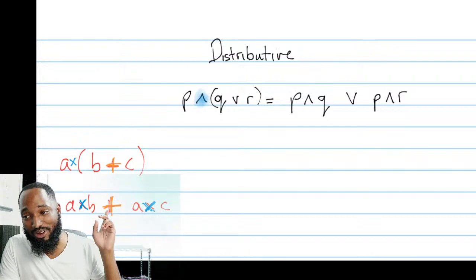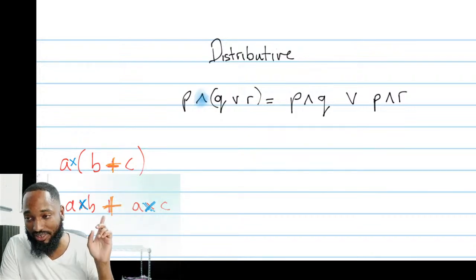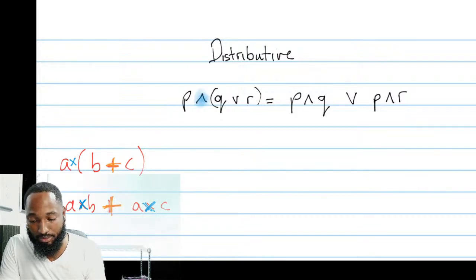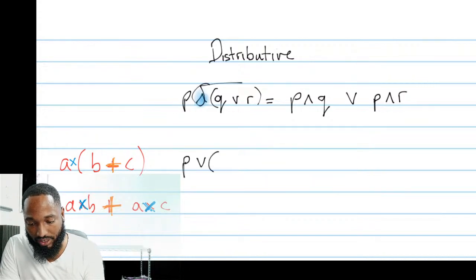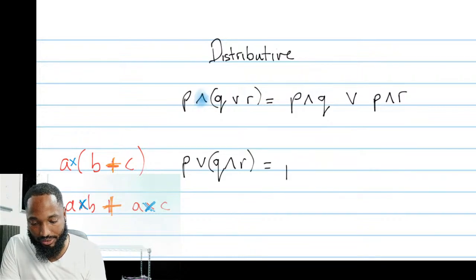They could figure out a way to test you on this in the multiple choice. Now if it's the other way, notice it's two different things, right? If it's the other way, it will look like this. P, just the other way, right?